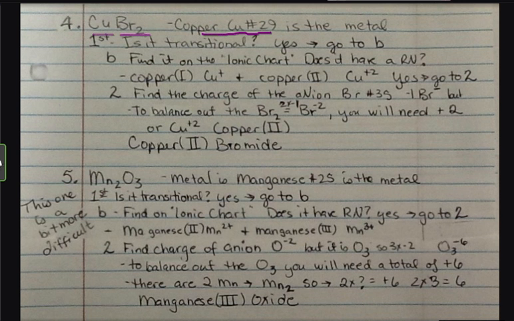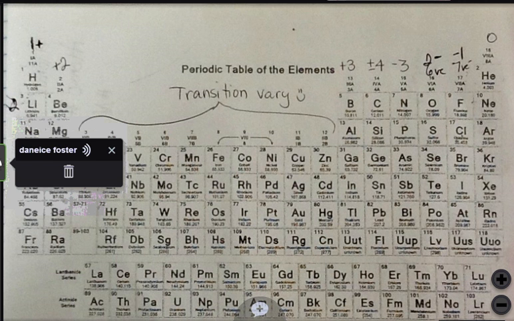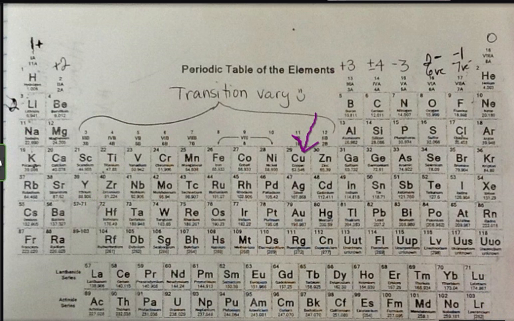So we're going to go ahead and follow all the steps again, even though you could just look back at number 3. We ask, is it transitional? Now we just did it, so of course you know it is transitional, but I just want you to go through the steps again. There is copper, number 29, and it is in transitional, so it's going to have that varying ionic or oxidation state.